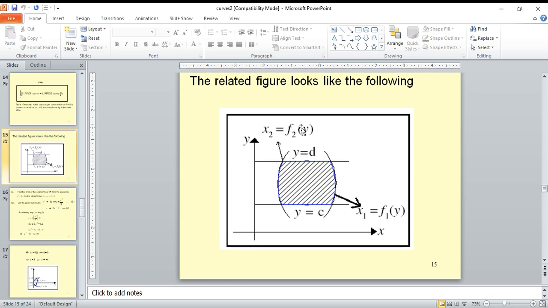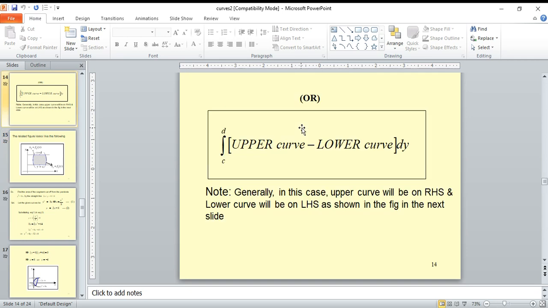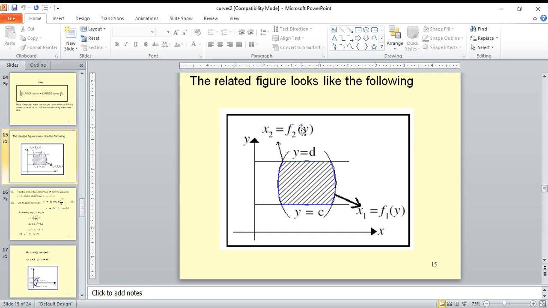The related figure looks like the following. The upper curve is the right side and the lower curve is the left side, along the y axis, with the lines y equal to c and y equal to d. See the figure, upper curve minus lower curve. Generally, in this case, the upper curve will be on the RHS and the lower curve on the LHS.